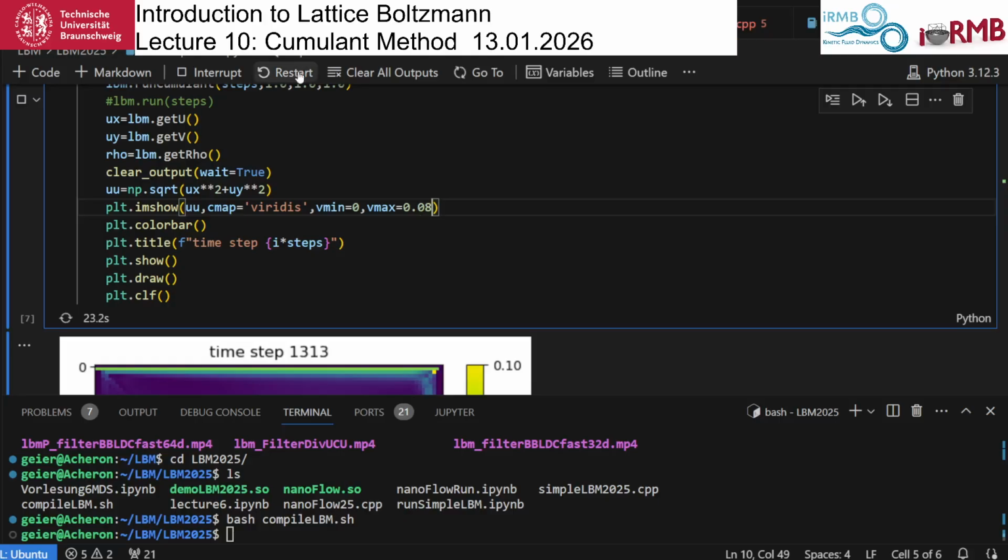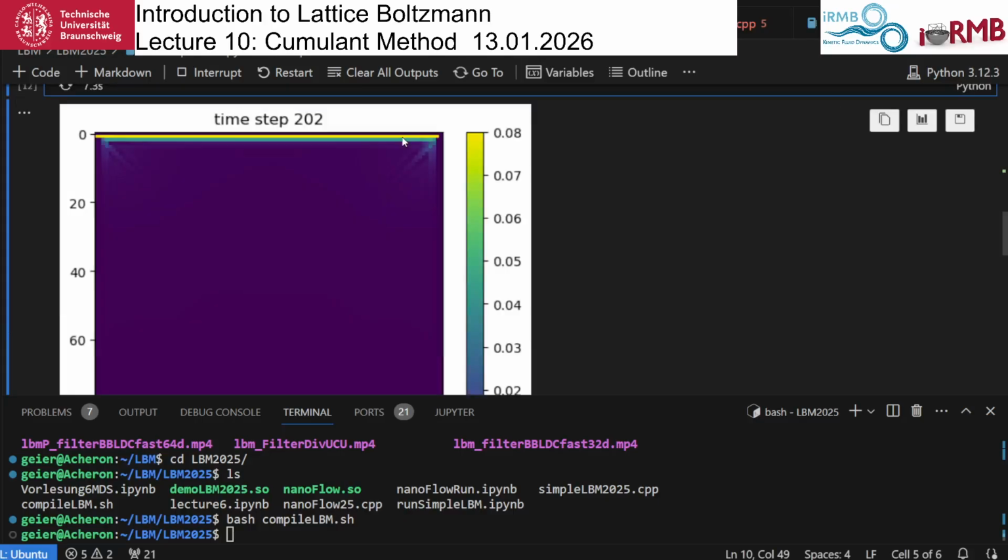So let me interrupt and run. So okay, here's the maximum now. There is some boundary fluctuation which does not cause any instabilities.